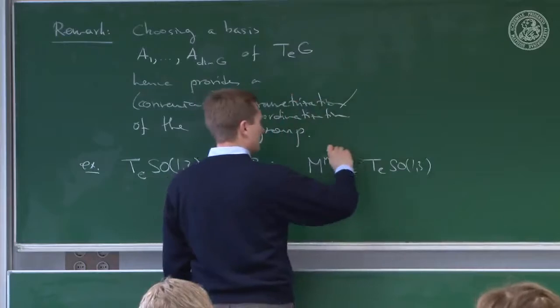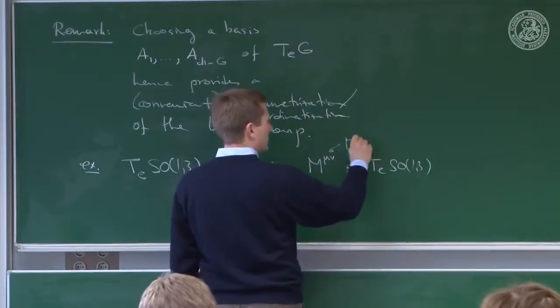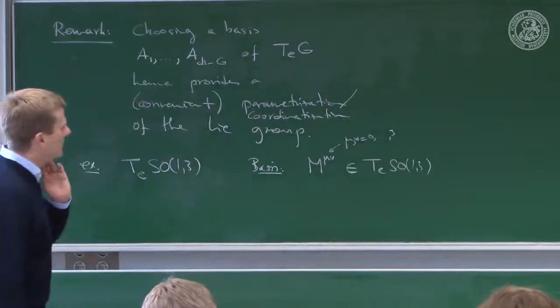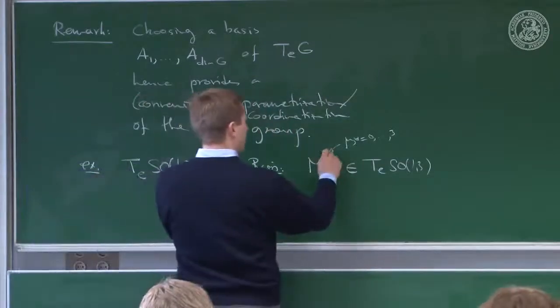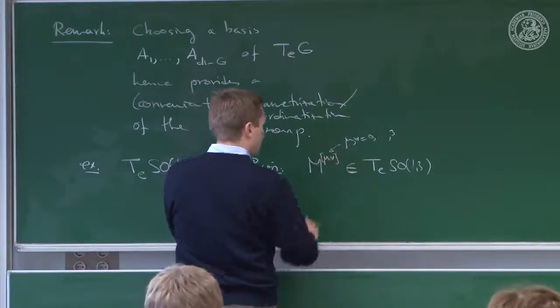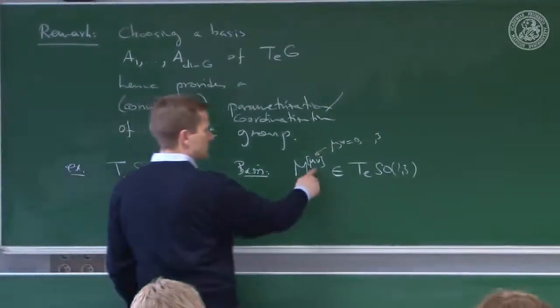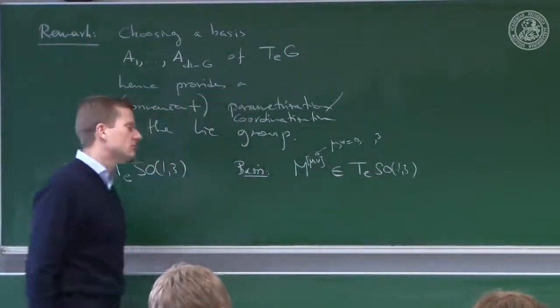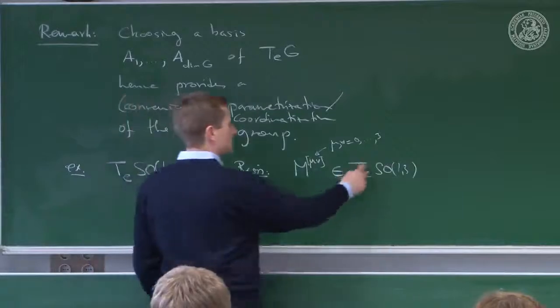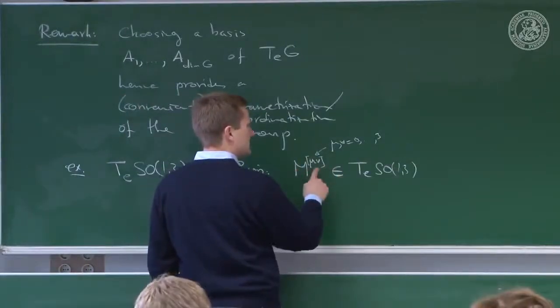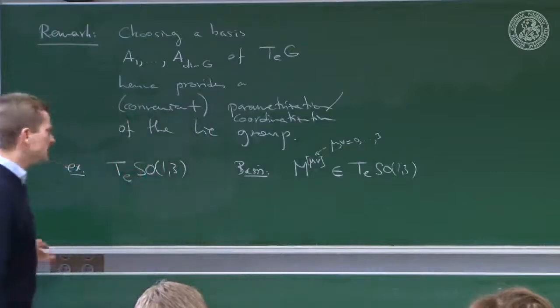And these μ, ν, they run from 0 to 3, say. Okay. But so you have, and they're antisymmetric. So you have 6 of those. And that's right, because this is a 6-dimensional group. So the tangent space is 6-dimensional. So you can label these elements, these basis vectors, as such.